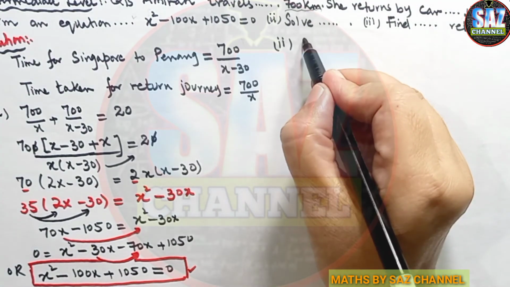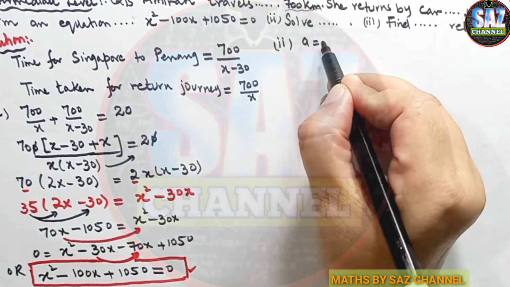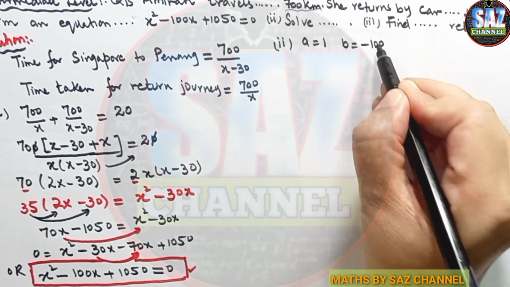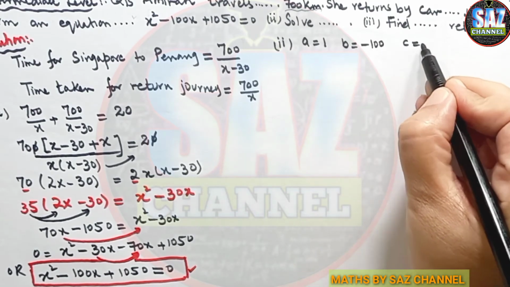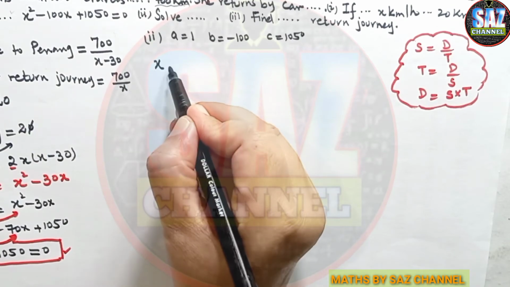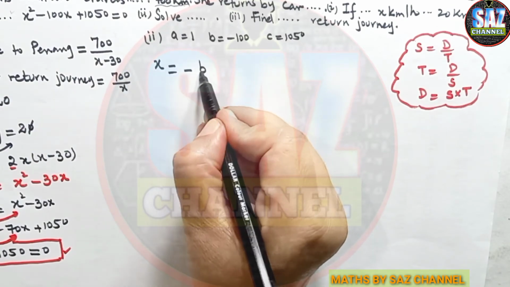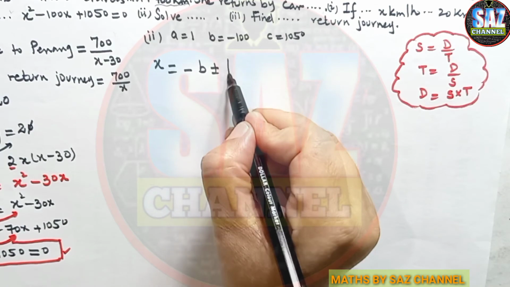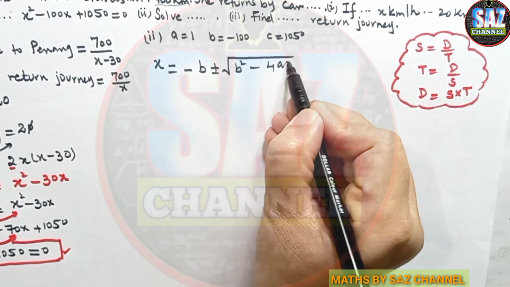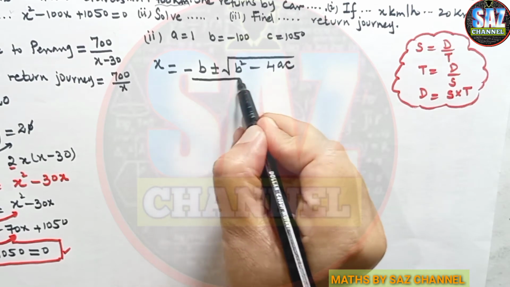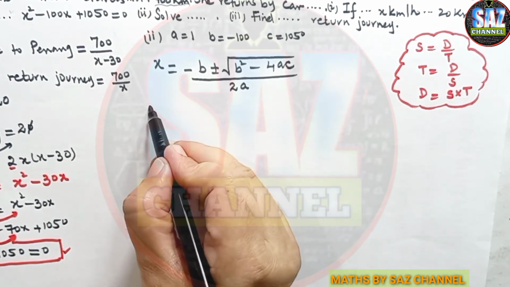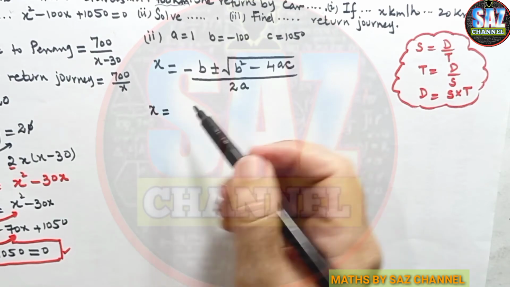So a is 1, b is minus 100, and c is 1050. Write the quadratic formula: x equals minus b plus minus square root of b square minus 4ac upon 2a. Now replace the values carefully in the formula.